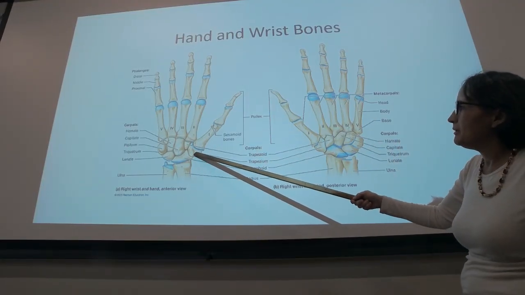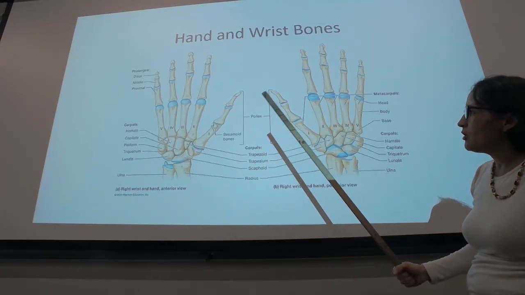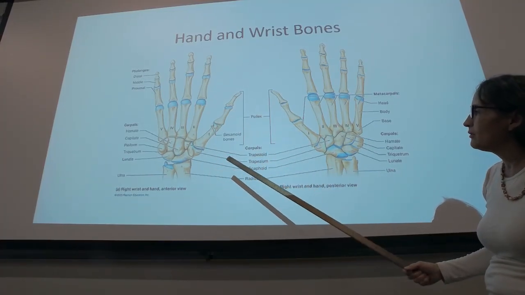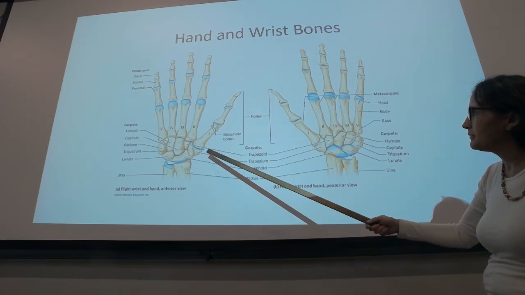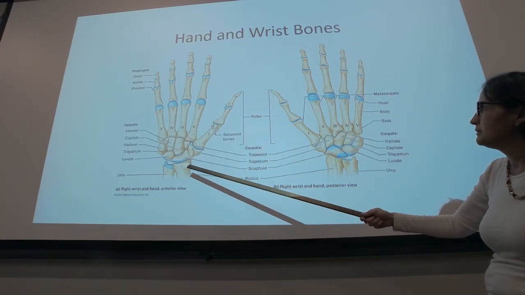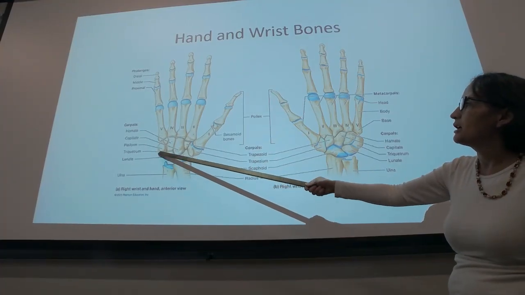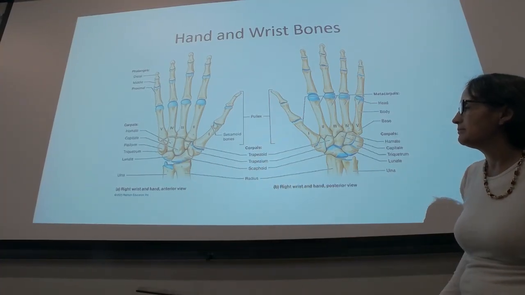From lateral to medial, the proximal row has the following bones: scaphoid, lunate, triquetrum, and pisiform.